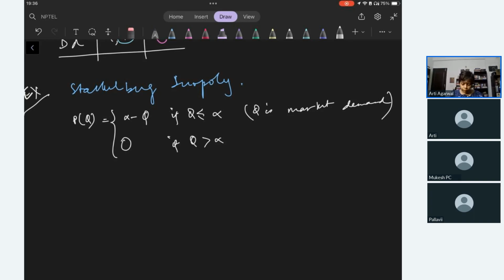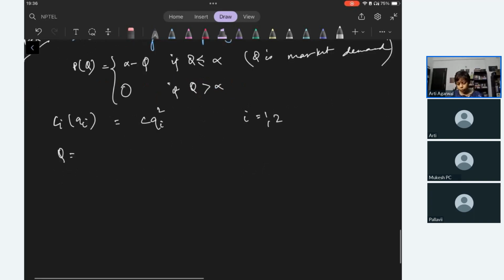This is what you're given. You're given the cost Ci as a function of Qi as C Qi square, where i is equal to 1, 2. This much is given. So now we know that instead of capital Q, we can write Q is equal to Q1 plus Q2, where 1 is leader, 2 is follower.